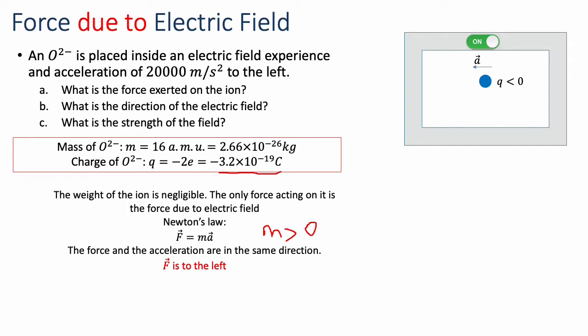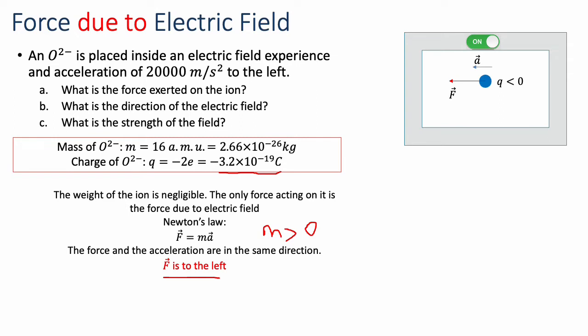The net force and the acceleration are always in the same direction. But when this force is the only one, it is the net force, so F has to be to the left. So I know the direction of the force. So I know the force is to the left.